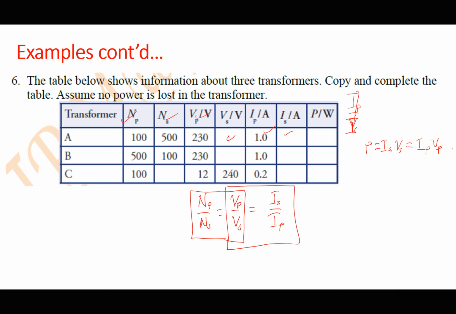For example, if I have I in the primary and V in the primary, it means the power here is automatically going to be 230. The power here is also 230. The power here is 0.12 times 0.2. That is 2.4. These ones are easy to find.